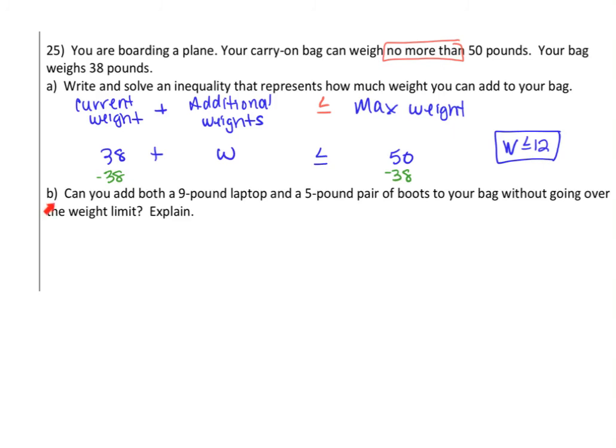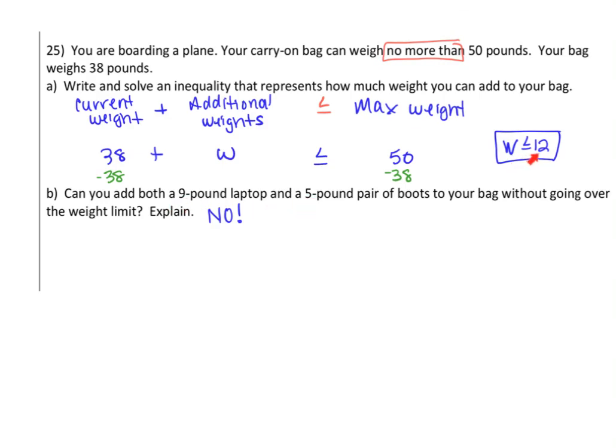Let's look at letter B. Can you add both a 9-pound laptop and a 5-pound pair of boots to your bag without going over the weight limit? Explain. What do you think? Do you have enough room for a 9-pound laptop and a 5-pound pair of boots? The answer is no, because if you add those together, that's 14 pounds.